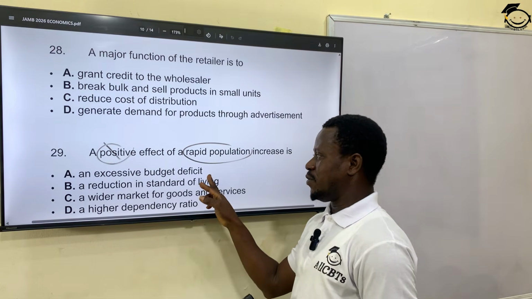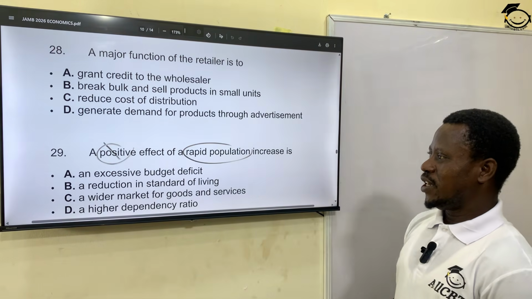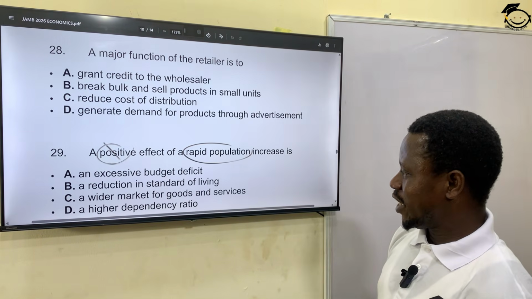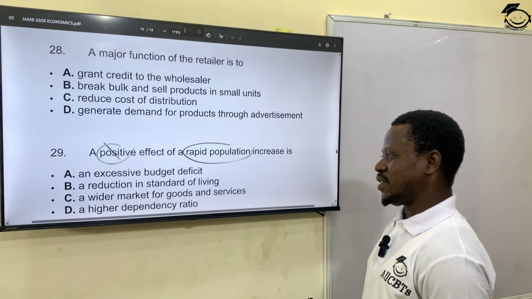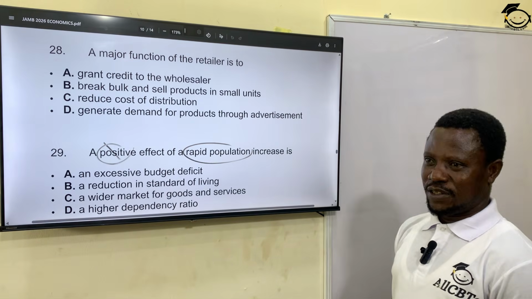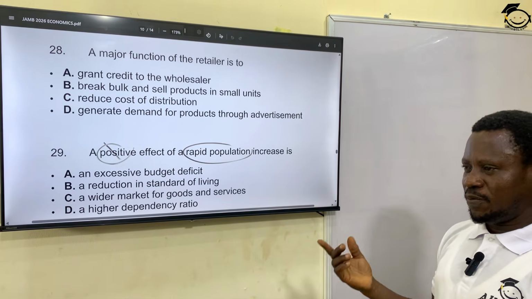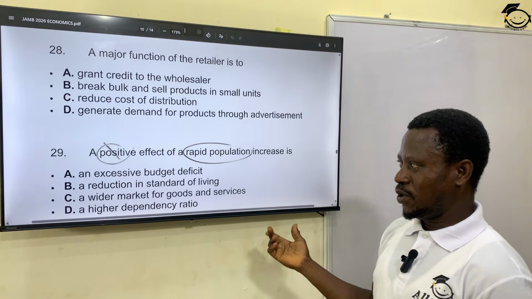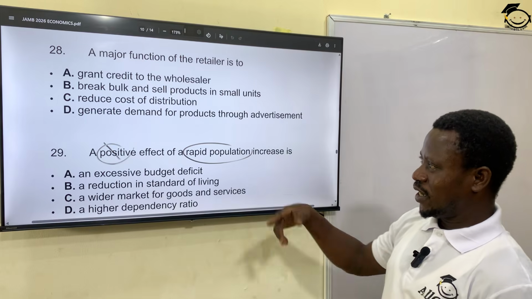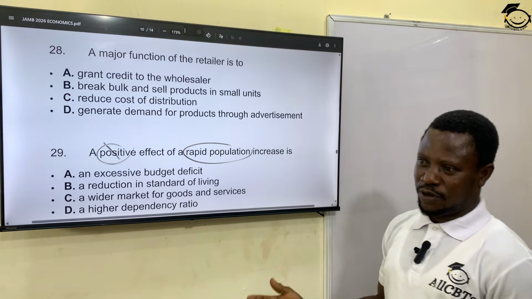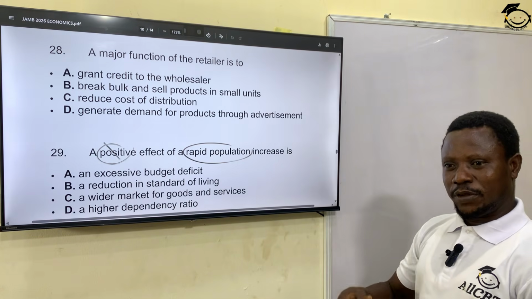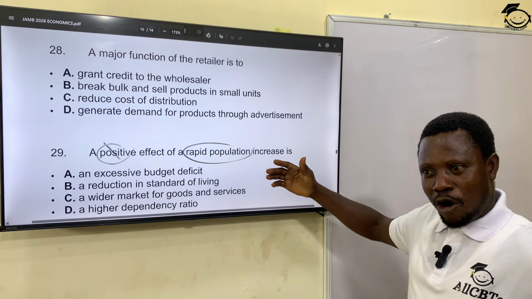Options: an excessive budget deficit, a reduction in standard of living, a wider market for goods and services, a higher dependency ratio. If you are talking about the negative aspect, then you can say a higher dependency ratio is correct, because there will be more dependency, okay? Excessive budget can also be correct for the negative, because of the need to cater for more population. But we are talking about the positive side of having more people.